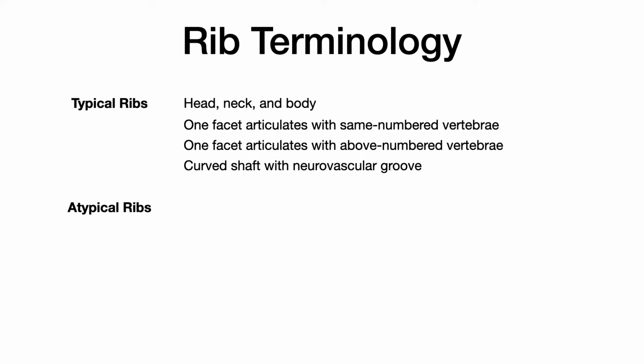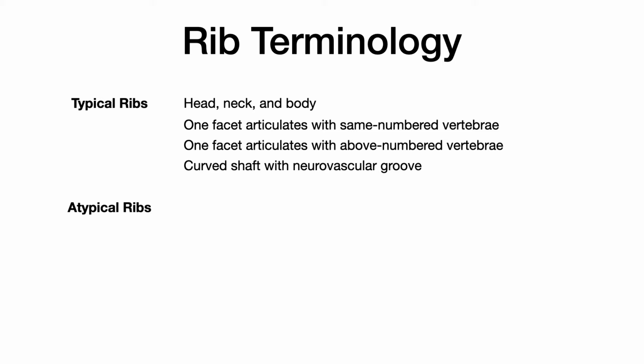Typical ribs have two facets. One articulates with the same numbered vertebrae, and the other facet articulates with the above numbered vertebrae. Typical ribs also have a curved shaft with a neurovascular groove. And recall from anatomy that neurovascular groove carries not only vasculature, but also nerves.